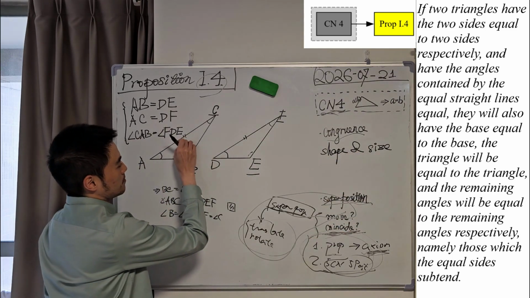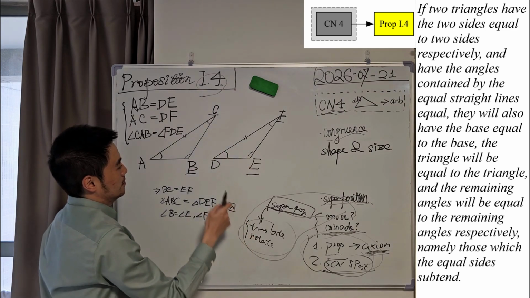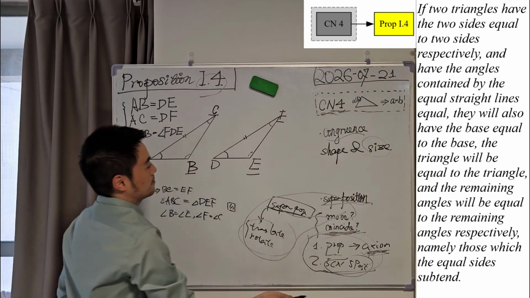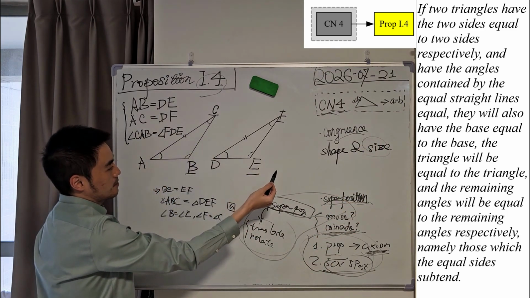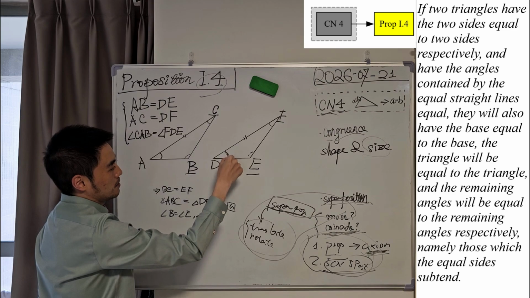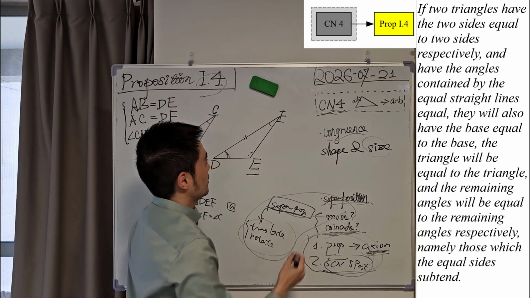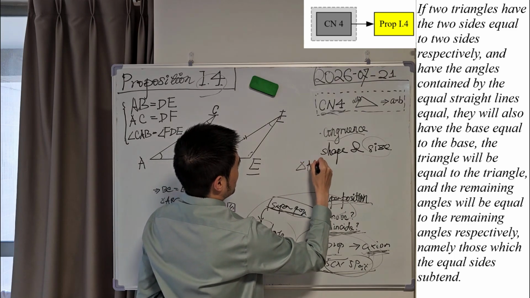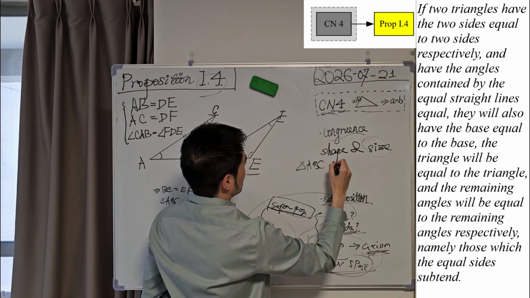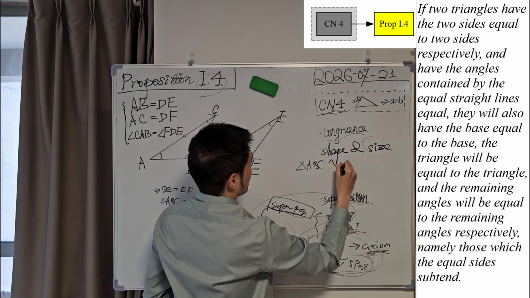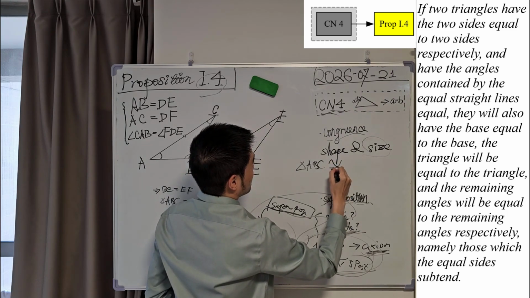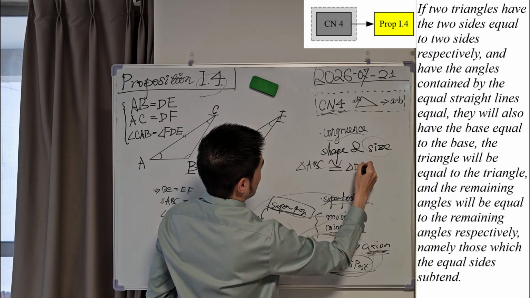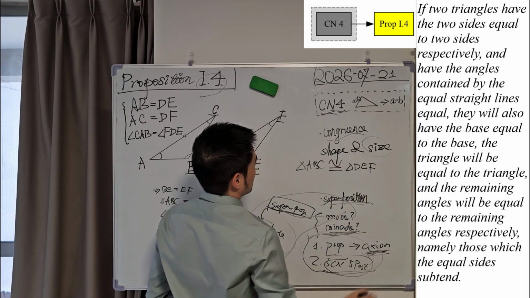So in this problem, we can see that these two triangles have the same shape, the same size and the same angles. Okay, so we can say triangle ABC is congruent to triangle DEF.